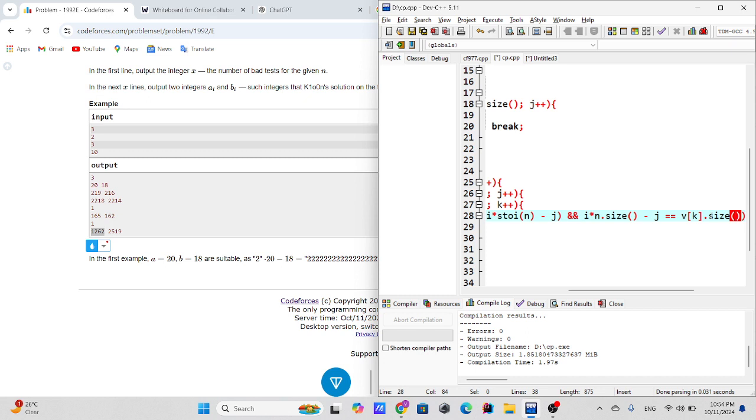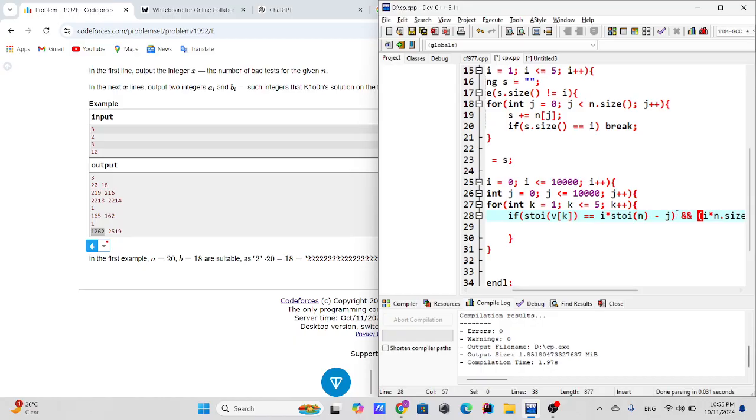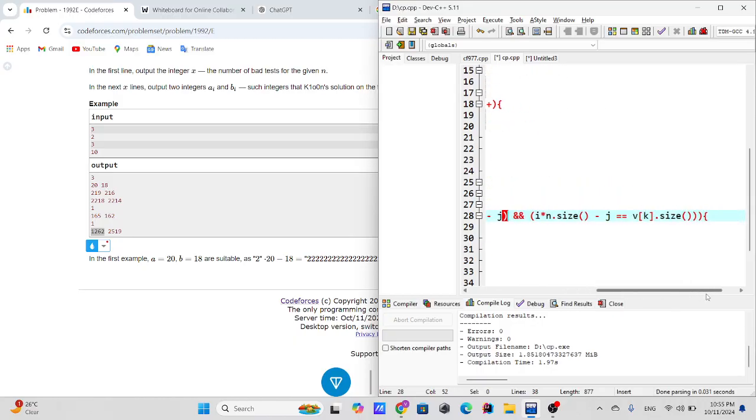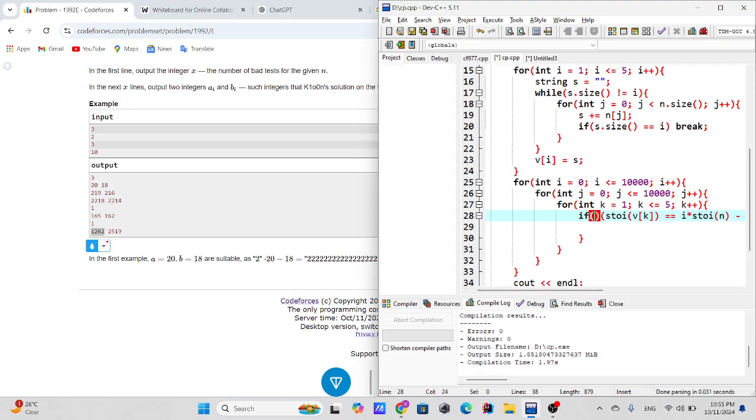I don't know. This looks super dumb. I don't know. This doesn't look great at all.